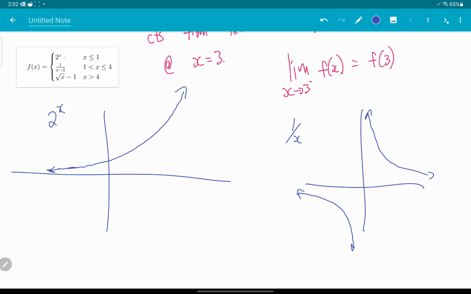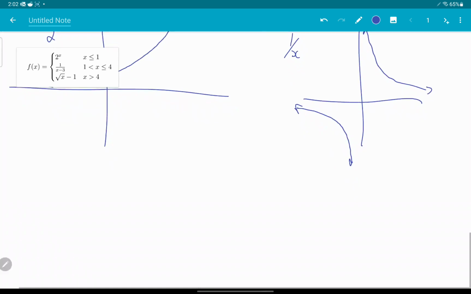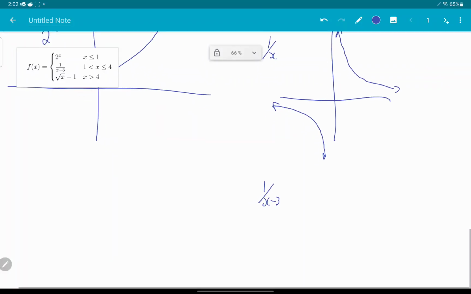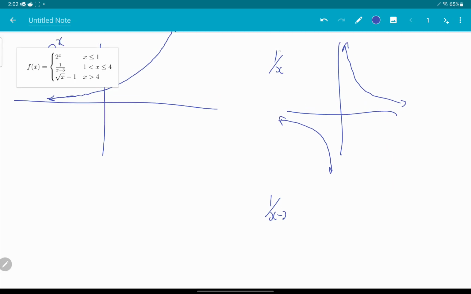Now, if I want to graph 1 over x minus 3, you take this guy, and this minus 3 down here is going to shift my function to the right by 3.